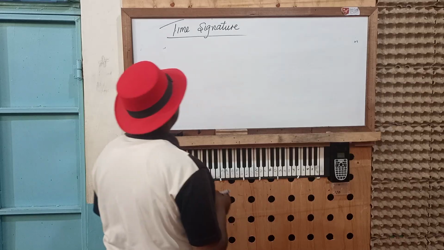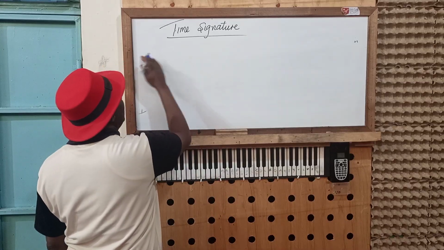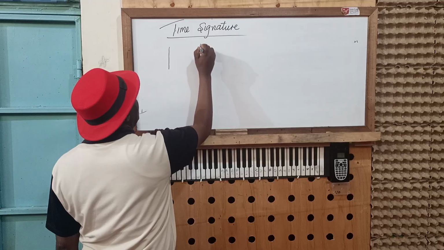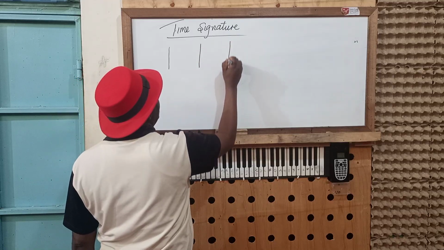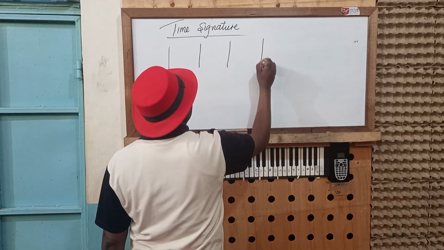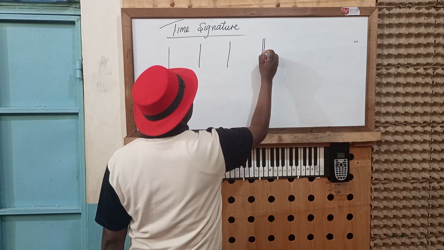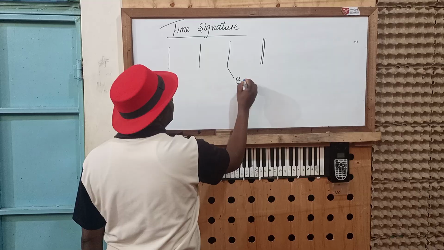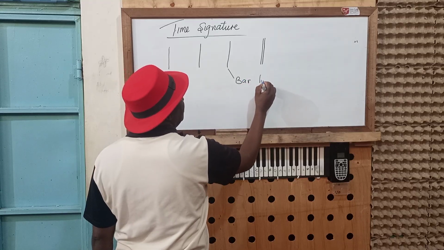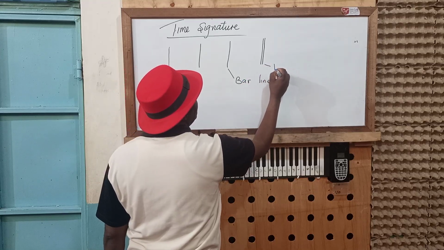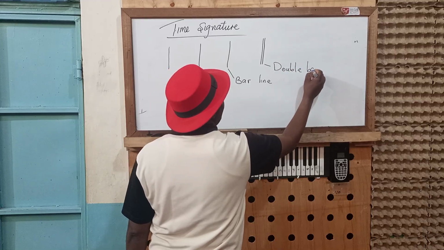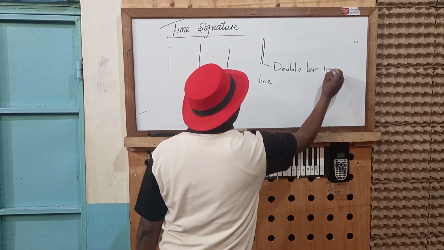I want to start by showing you what a bar line is. That's a bar line, and a double bar line. So this one is a bar line. This one is a double bar line.